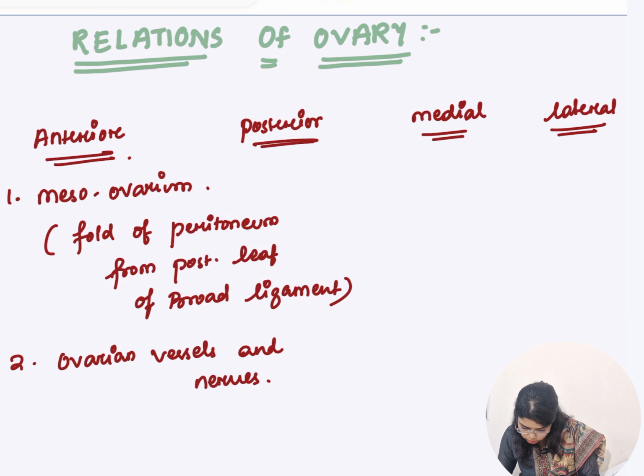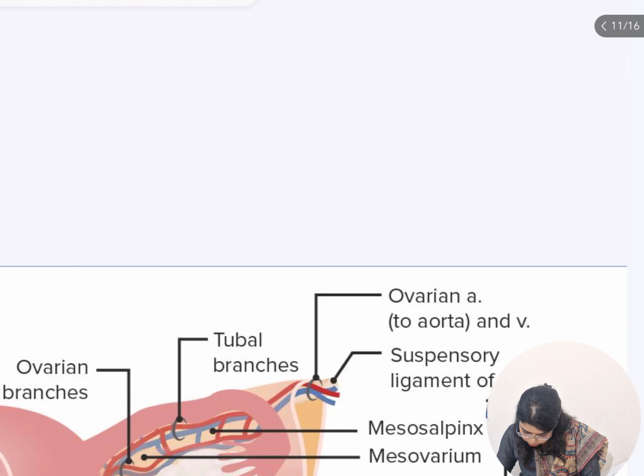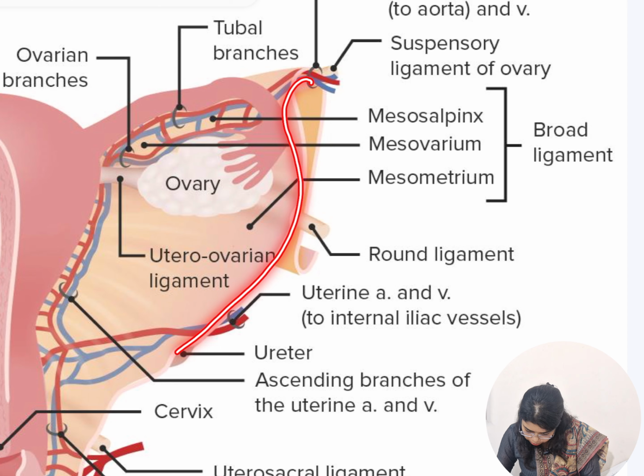I will show you. See, this is the mesoovarium, the posterior leaf of the broad ligament.